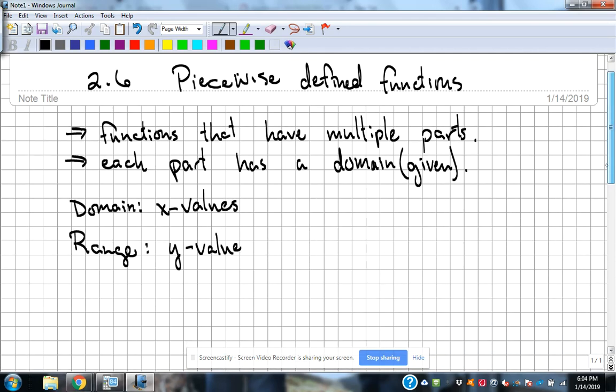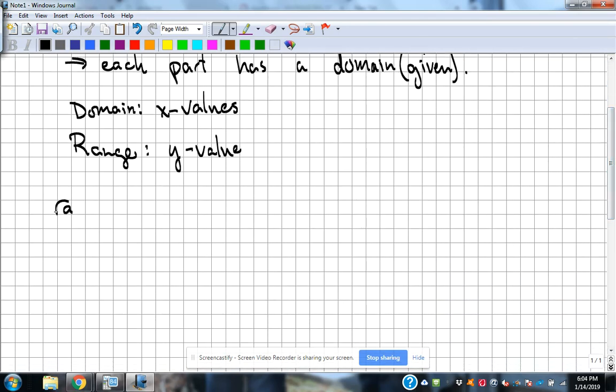All right, so let's look at an example of a piecewise defined function. F of x is equal to negative 3x plus 4, and then the other piece is x plus 5. All right, those are our pieces, and I usually put a curly brace in there just so that it looks like I'm putting them together. And each piece is going to have a domain that's given for it.